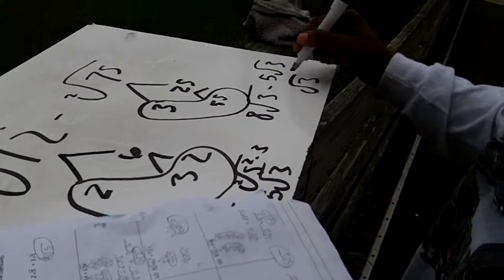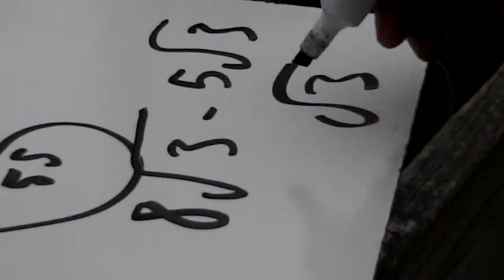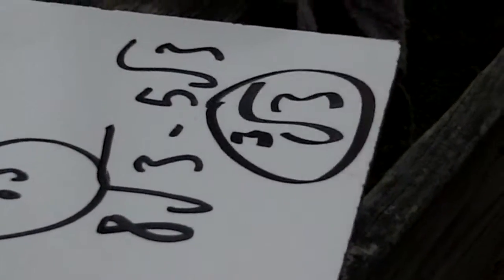And then you would subtract, the square root of 3 would stay the same because it's the same base, and you would subtract 8 minus 5, which would give you 3. So that means your answer would be 3 times the square root of 3.